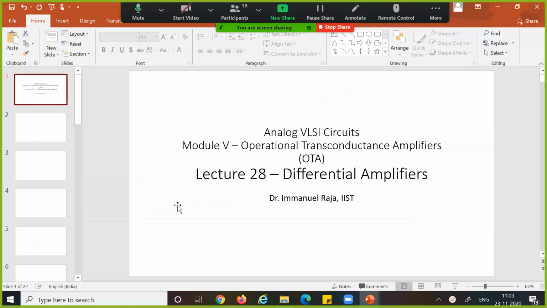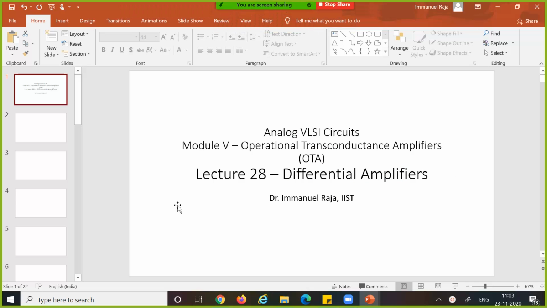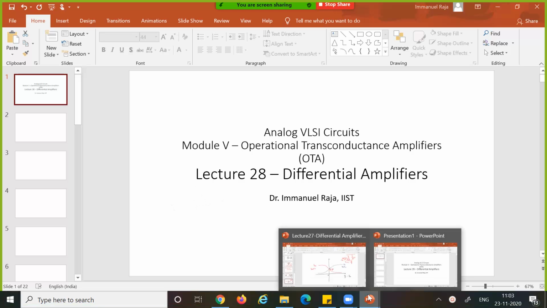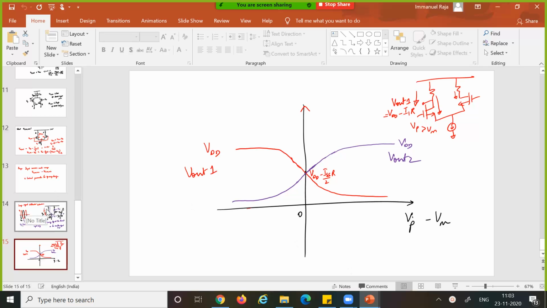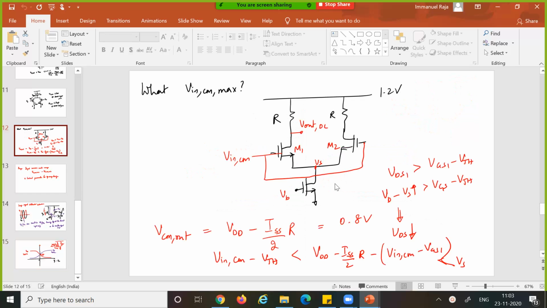So today's lecture is a continuation of our understanding of differential circuits. We started off in the last class. If I just quickly recap, we saw how a differential pair is done, and we calculated the input common mode voltage range. In order to see the minimum input common mode, we said this transistor has to be in saturation, and this transistor should have sufficient VGS.